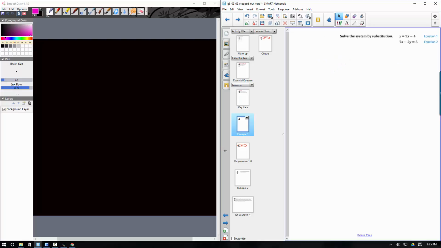So if I look here, I have two equations. The first one I have is y equals 2x minus 4. It already is solved for a variable, which makes this very easy. The second one is 7x minus 2y equals 5. So now that I have one solved for a variable, I can rewrite this.